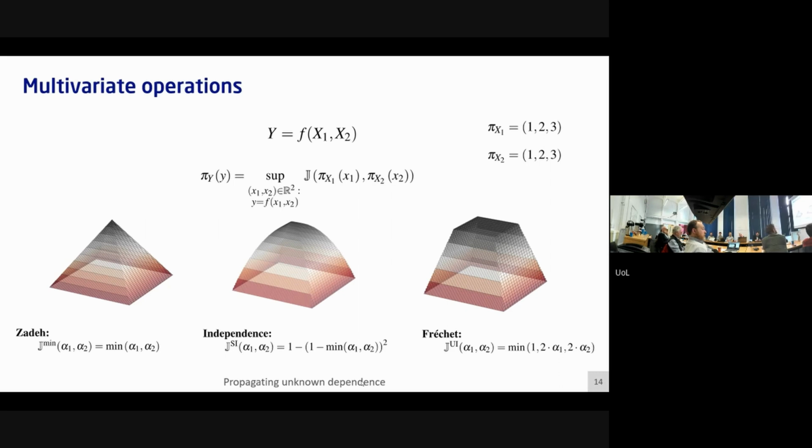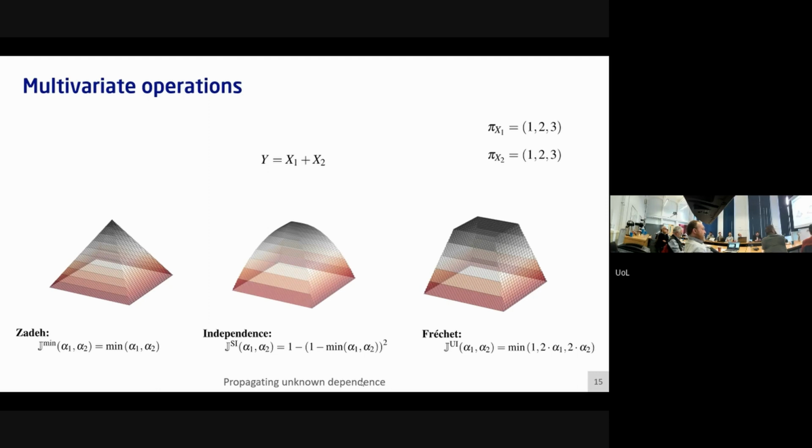The three functions are Zadeh, independence, and Fréchet. Zadeh gives you a perfect correlation, a stochastic correlation equals 1. Independence is independence, and Fréchet is the interesting one in this presentation, which is for unknown dependence.